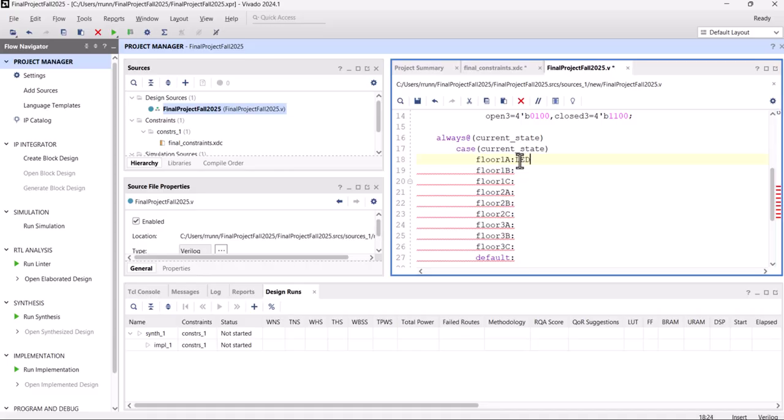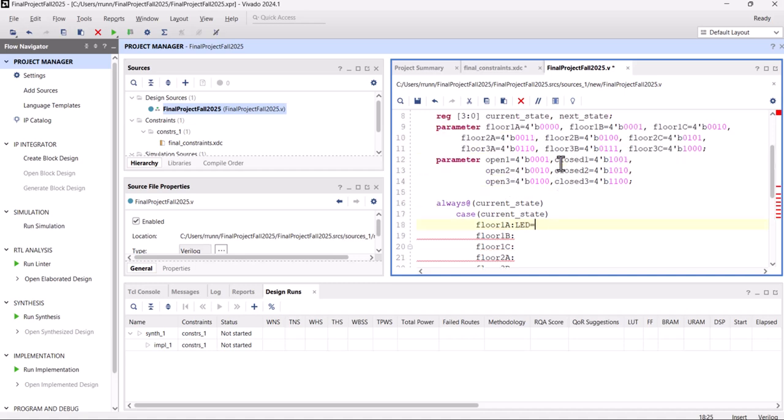And LED equals, so if I'm on floor 1A, I want that to be closed 1. If I'm on floor 1B, actually it doesn't matter. Yeah, I can just use equals here.